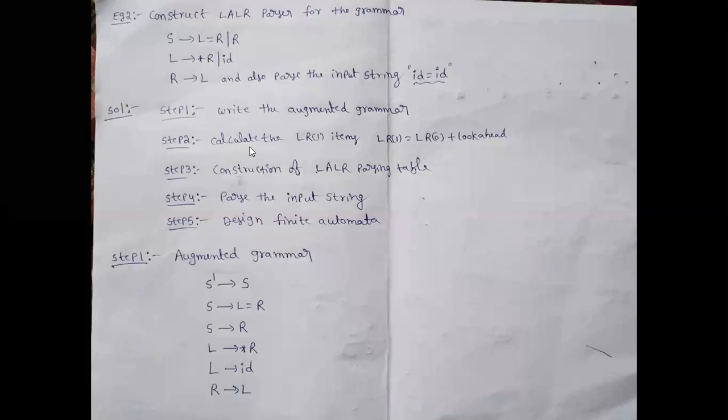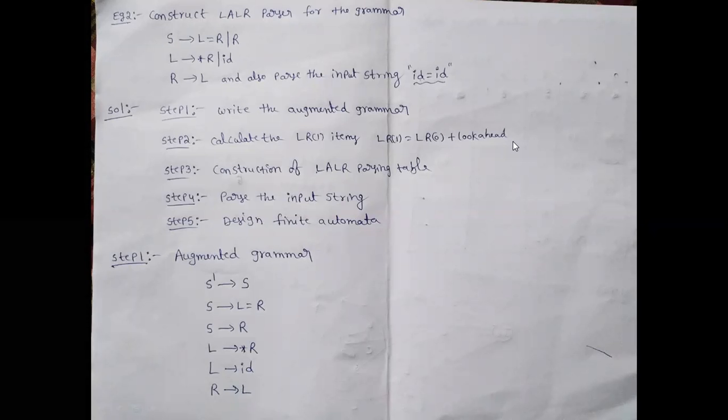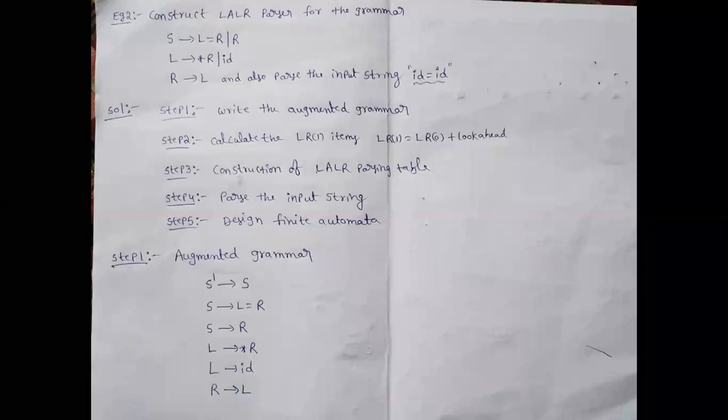Then second, calculate the LR(1) items. What is LR(1)? It equals LR(0) plus lookahead. What is LR(0)? We write the items in one state, calculating the goto functions, and we have LR(0) items, and we have to add the lookahead. We find the lookahead from the first of the remaining part.